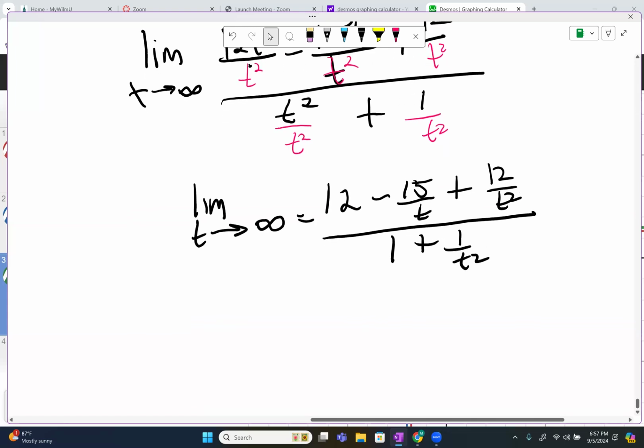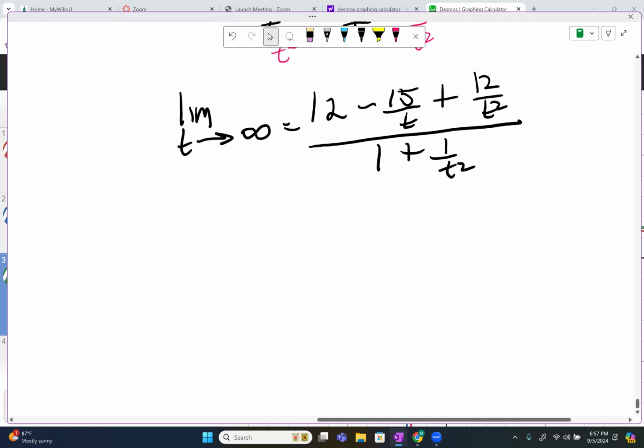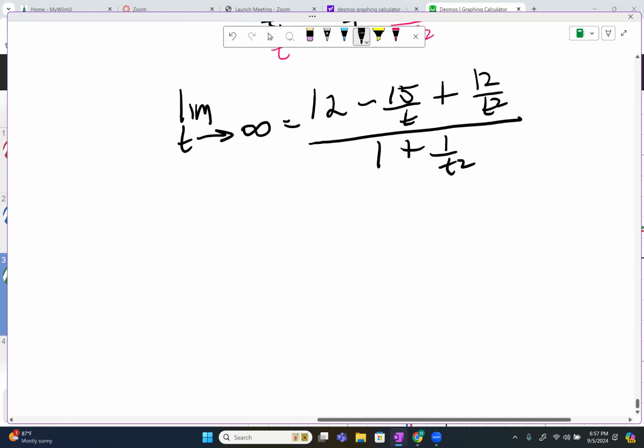So if you think of this, this becomes pretty simple. This becomes the limit as t reaches infinity. So this becomes the same thing on the bottom.